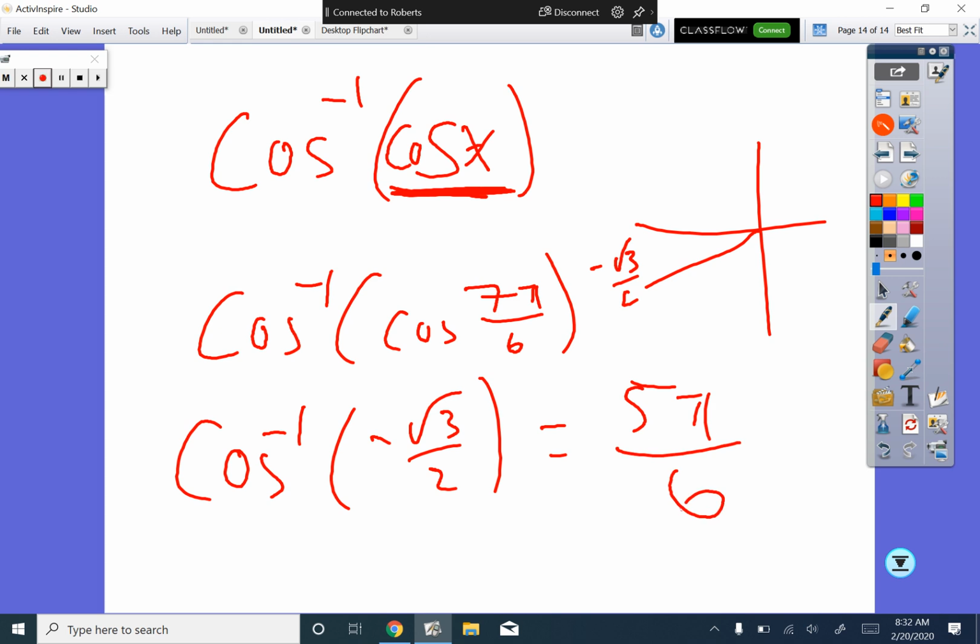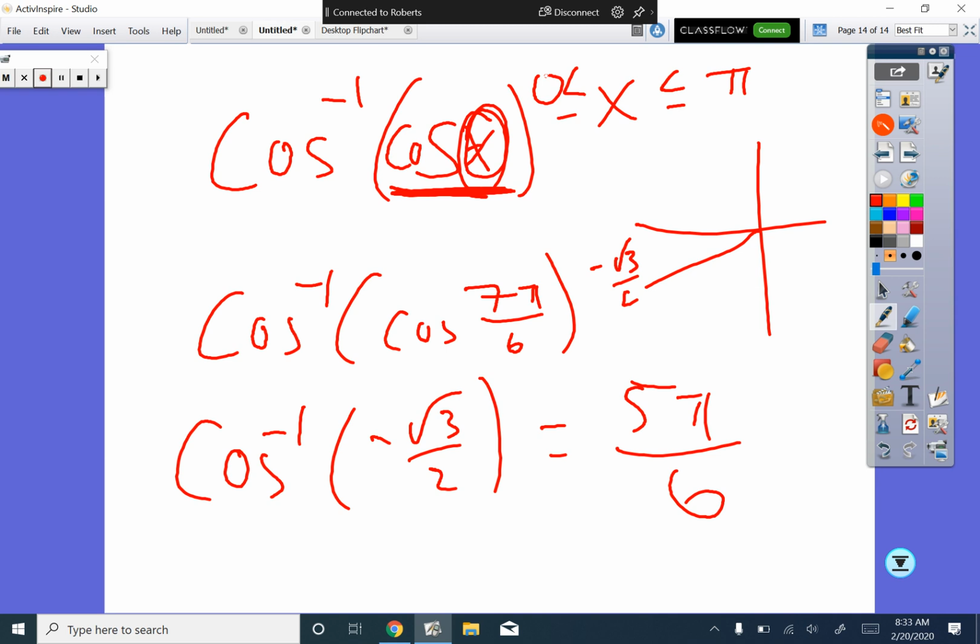So this is what I was trying to get at. If x is already between 0 and pi, the answer is just going to be x. But if x is outside of that region, you're going to have to find another angle that has that same result within the restrictions. Does that make sense?